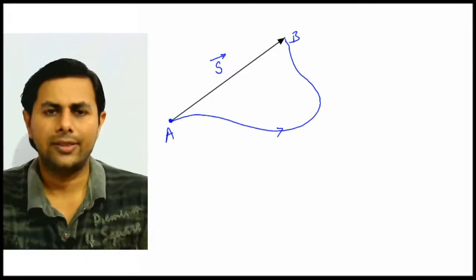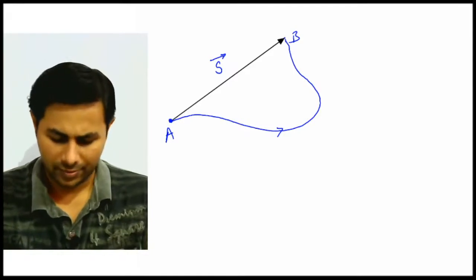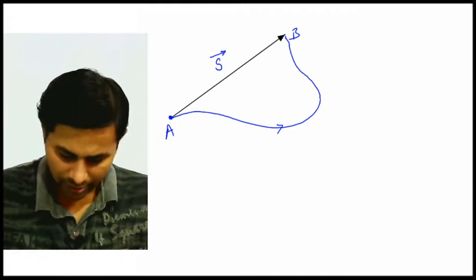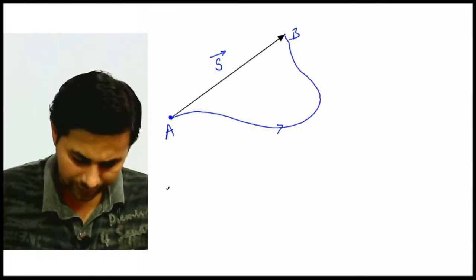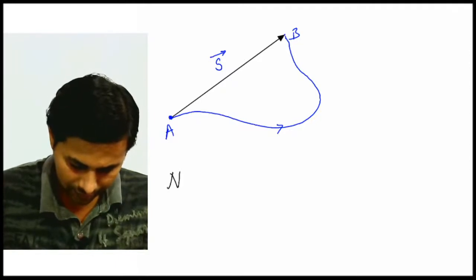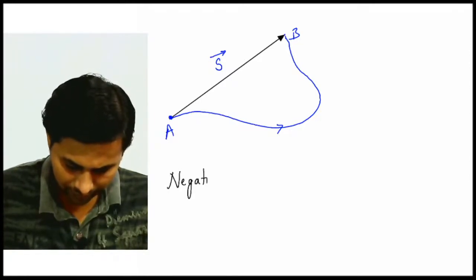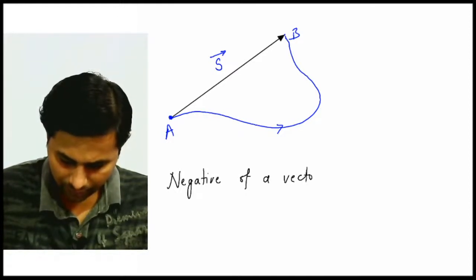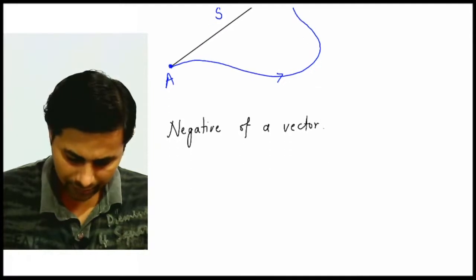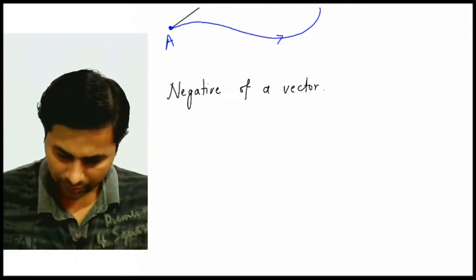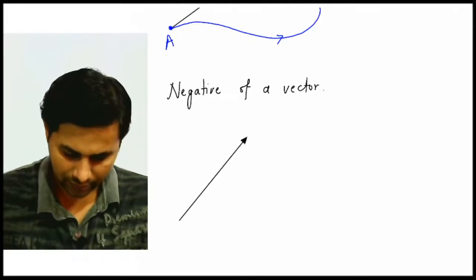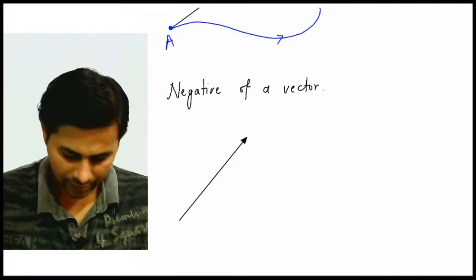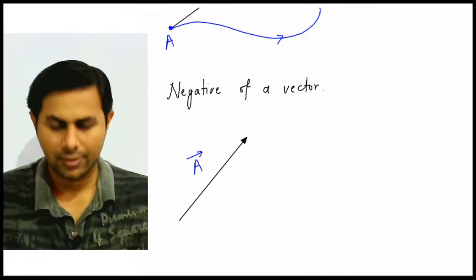Now let's see some terms related to vectors. So first term is negative of a vector. Now suppose this is any vector A bar.